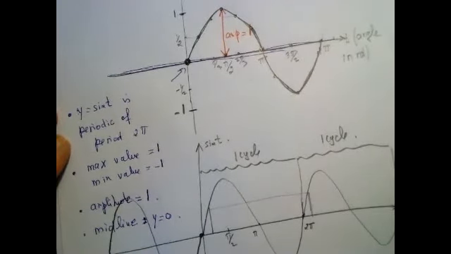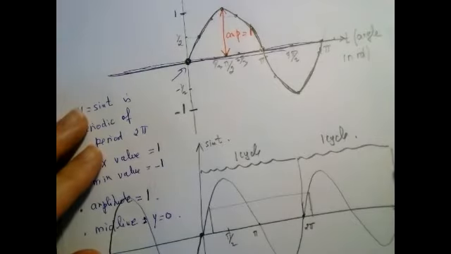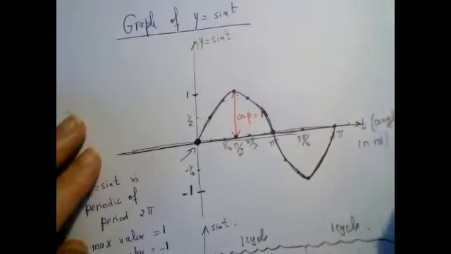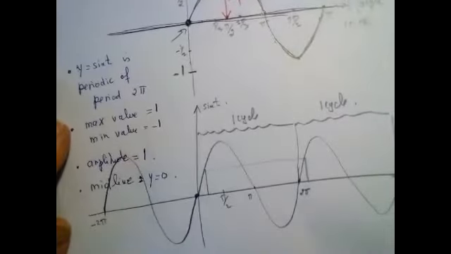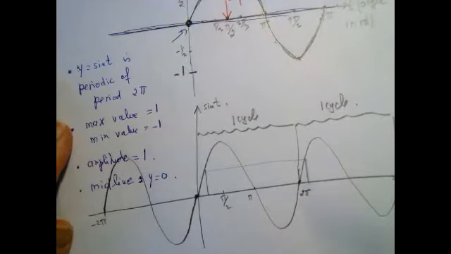Now we're going to do something very similar, hopefully a little quicker, for the graph of cosine, and see what it looks like. Can I change the page? Okay, the graph of cosine. Actually, I'll keep it on the same paper.